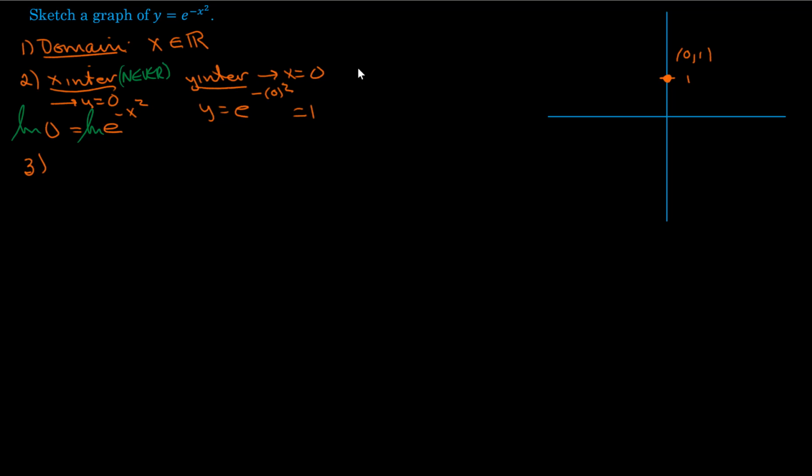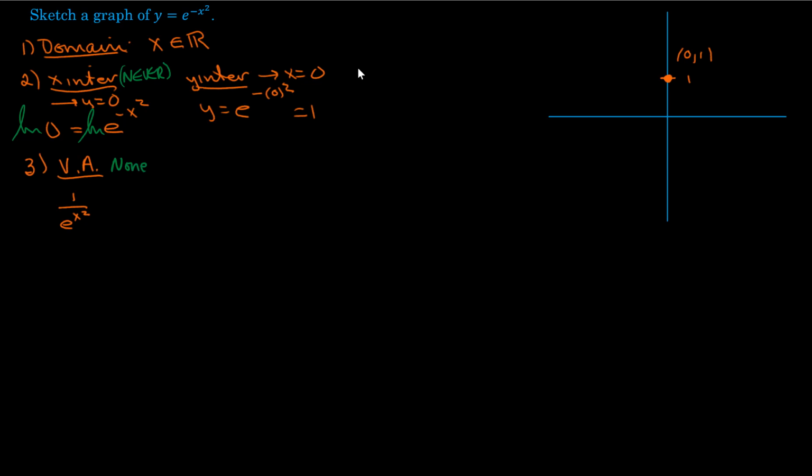Let's take a look at vertical asymptotes. Okay, vertical asymptotes can occur where you get zeros in the denominator. Well, we've already talked about that. This is really 1 over e to the x squared. It's never 0. So vertical asymptotes, none.